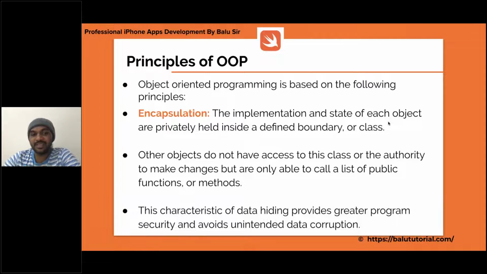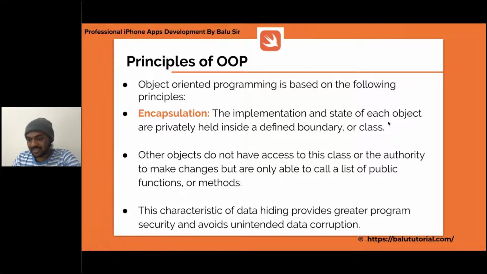And the third one, this characteristic of data hiding provides greater program security and avoids unintended data corruption. So encapsulation means providing a security boundary, or security layer, to data by using a class.